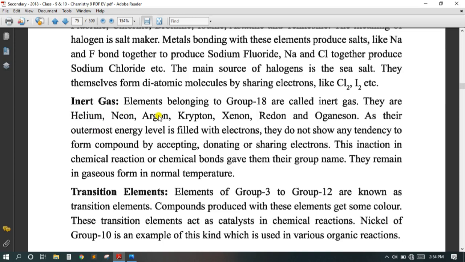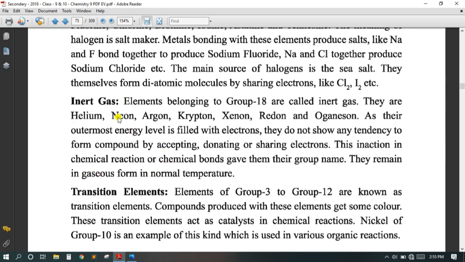They are helium, neon, argon, krypton, xenon, radon and oganesson. As their outermost energy level is filled with electrons, they do not show any tendency to form compounds by accepting, donating, or sharing electrons. This inaction of chemical reaction or chemical bonds gave them their group name. They remain in gaseous form at normal temperature.